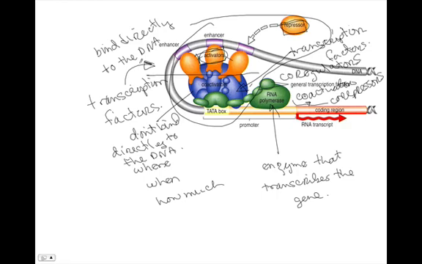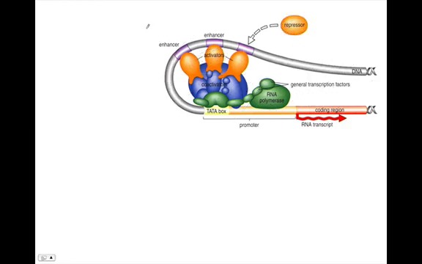When we look at these activators and repressors, let's just clear this off. These are all proteins, and they all have two parts to each protein. That part is called the DNA binding domain.